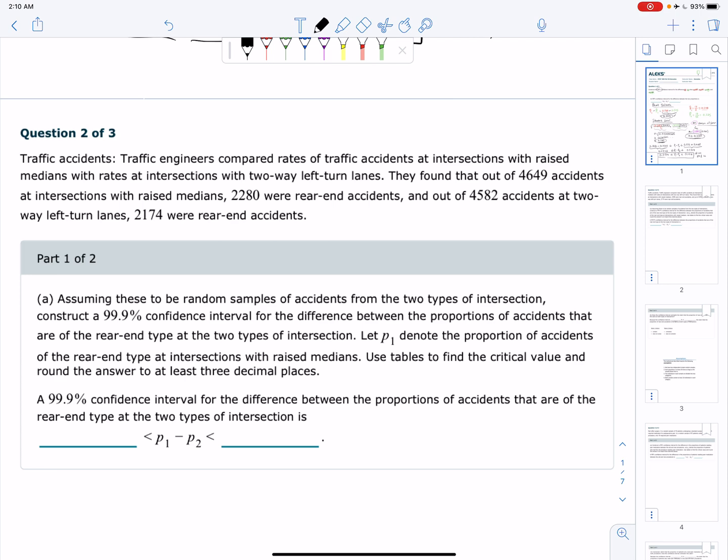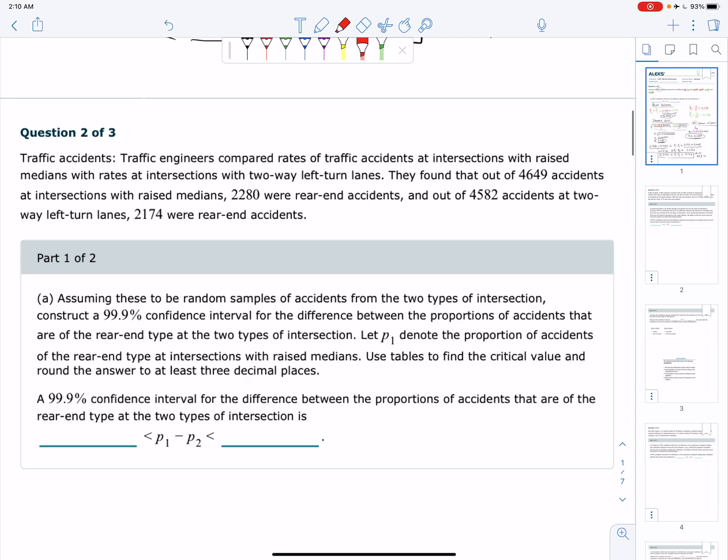So something that I want you to really key in on is it's nice this book defines the population proportion from the first population. Let P denote the population proportion of accidents of rear-end type at intersections with raised medians.